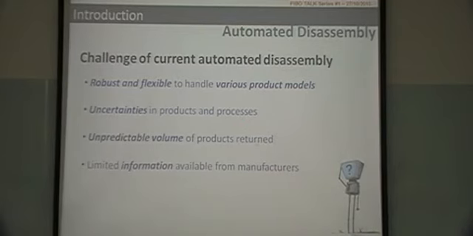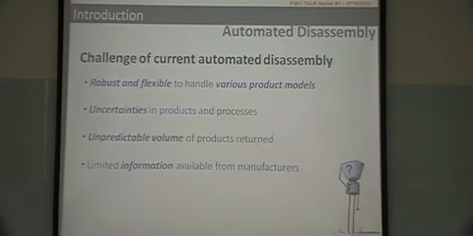Even with one identical model of product, no one knows what has been done to it. For example, if I want to unscrew just one screw, someone may have put glue in and you cannot take it out, or some heads are broken. So there are hundreds of possibilities.